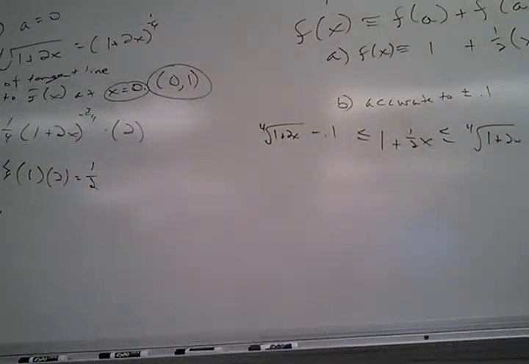So I got my ceiling, my floor. Yes, sir. Just want to check, when you say accurate to plus or minus 0.1, you just pick that number? I didn't pick it. It was given to me in the problem. They have to tell you how close they want you to be.